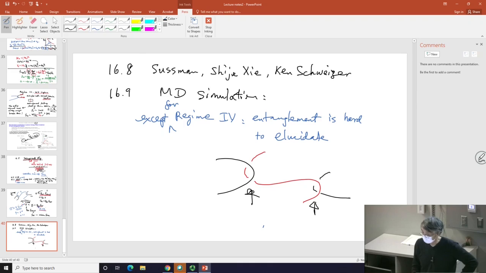As I keep saying, taking a snapshot does not give you any insight about entanglement or disentanglement, because it's all about whether at the junction they slide, lose force imbalance or not. So in that sense, you can say you have no way of defining entanglement, and therefore it's hard to define disentanglement. Because just the fact they have uncrossability sitting there, it doesn't tell you what it can do.